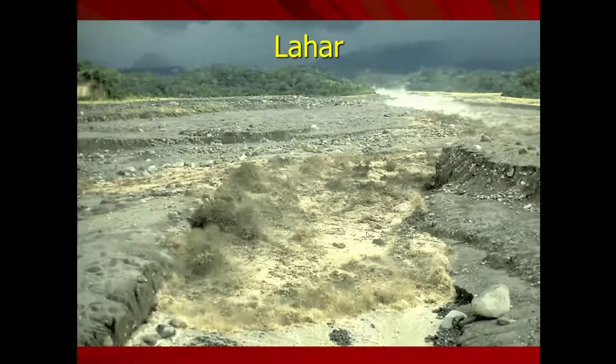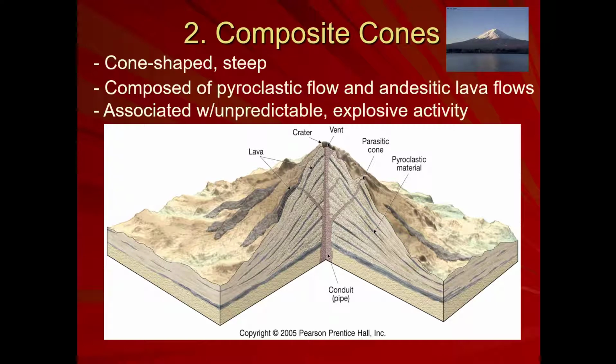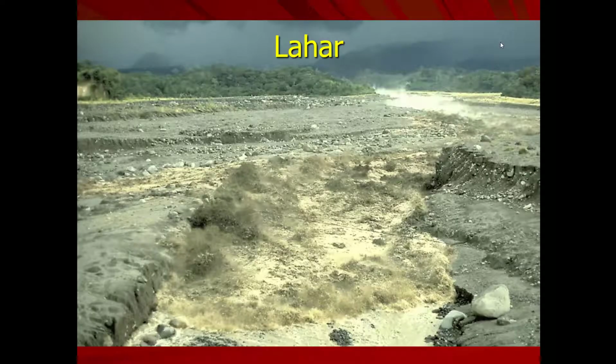So I'm going to go back for just a sec. If you look at the top of Mount Fuji, you'll notice that there are glaciers and snowpack on it. As you might imagine, when there are eruptions beneath those glaciers and that snowpack, it melts and creates a tremendous amount of water.